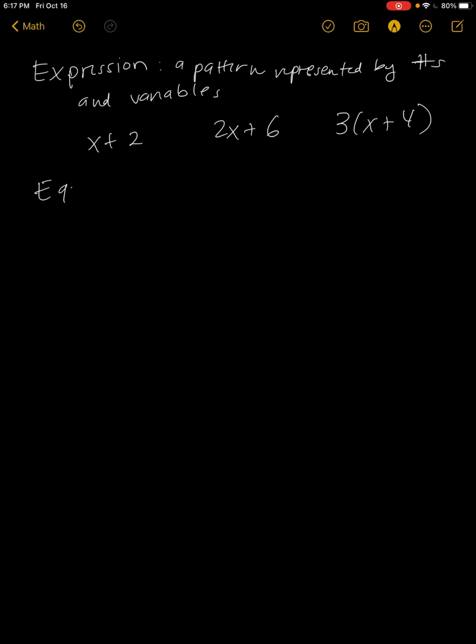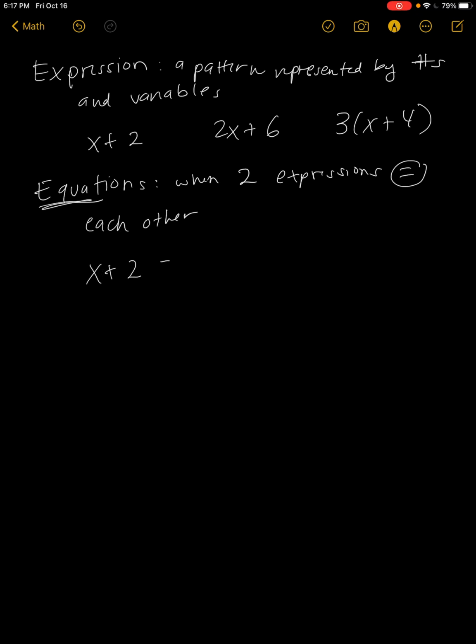So now we're moving on to equations. And equations are just when two expressions equal each other. Okay, keyword equal, right? Equation has that equal in there. When two expressions equal each other. So it might look something like that, right?